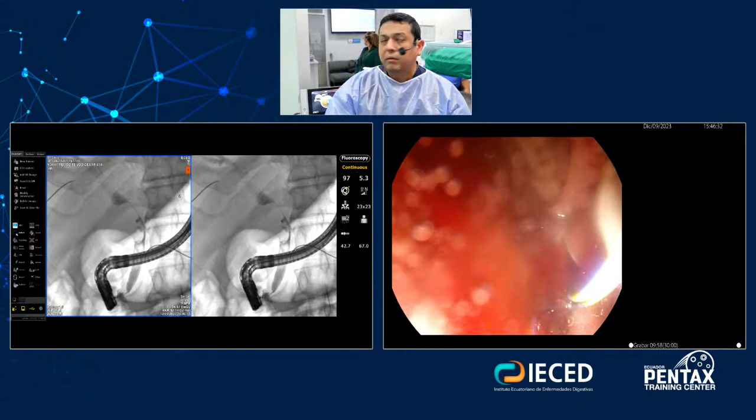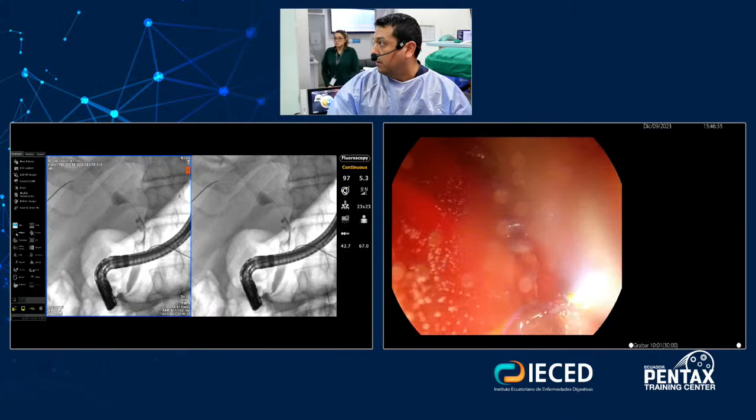Tenemos un stent pancreático biodegradable.